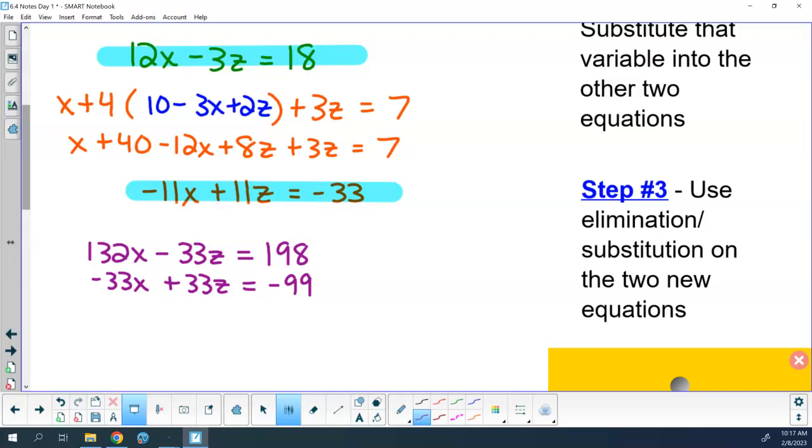When I add those two equations together, what do I get? 99x equals 99.